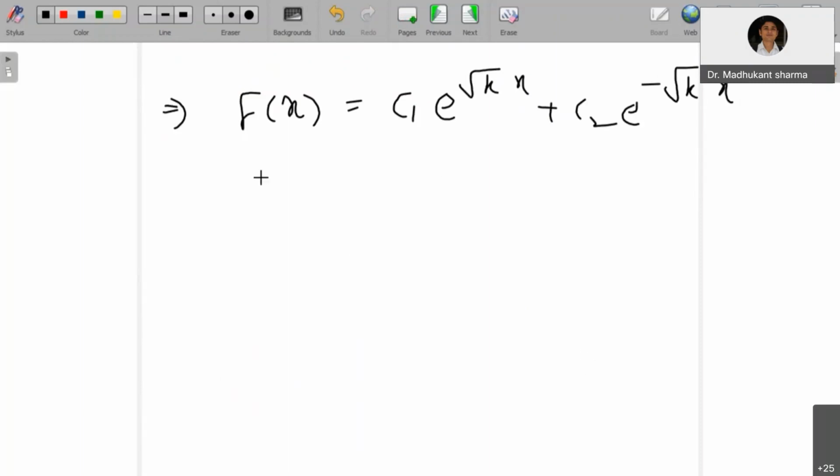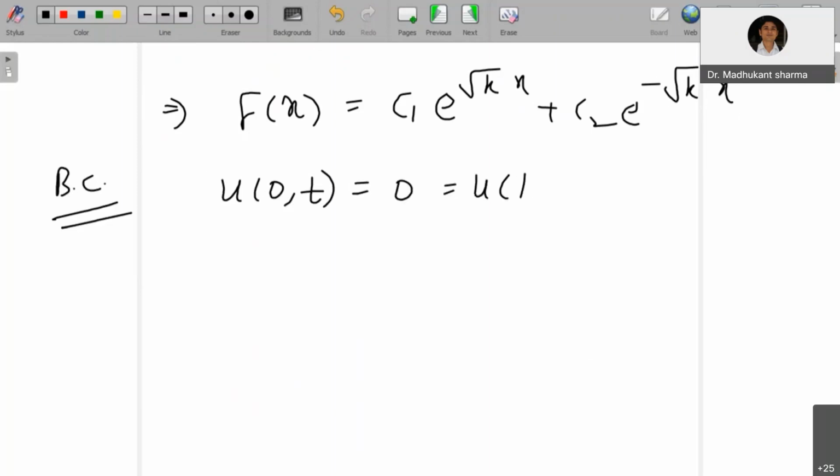Now note that you have the boundary conditions: u at 0 comma t is equal to 0, equal to u at L comma t.